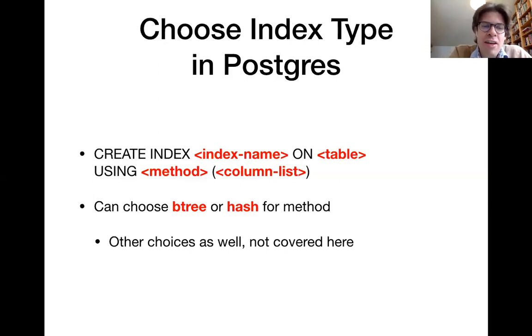And if you insert here using method, the method can be, for instance, B tree or hash or other methods that are discussed in the documentation. Then you can choose what type of index you generate. And again, here between parentheses, you can specify the columns that your index should refer to. So if you want a composite index, you can specify multiple columns here.